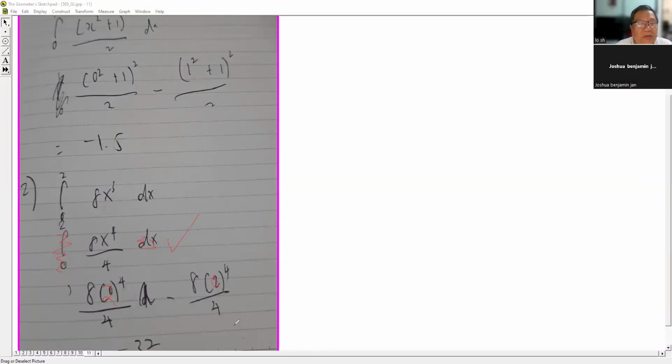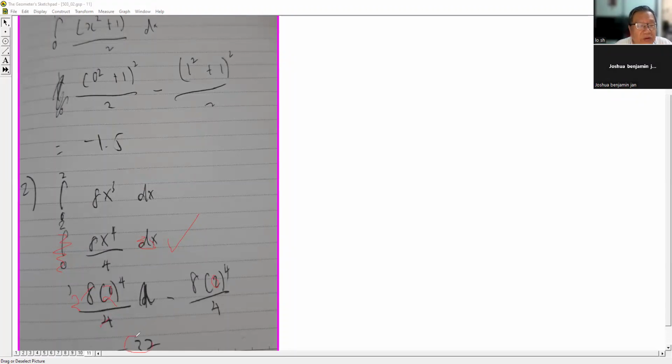The 0. Is it 0? This number? 0. 0, okay. So 0 to the power of 4 is 0, right? This one can cancel. So this is 2, right? 8 divided by 4 is 2. 2 to the power of 4 is 16. 16 times 2 is 32.